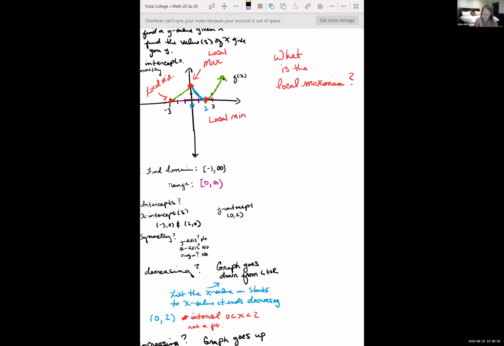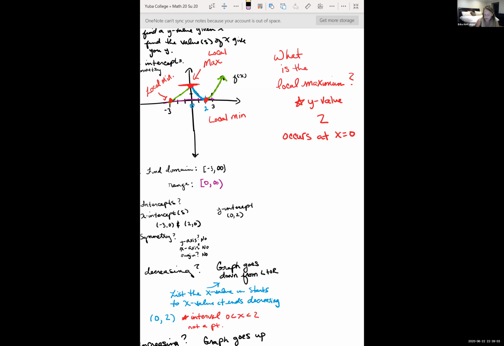This is the y value. So the y value that this is occurring at is when y is 2. So local maximum is 2, but it occurs, and this is where we tell what x value, at x equals 0.